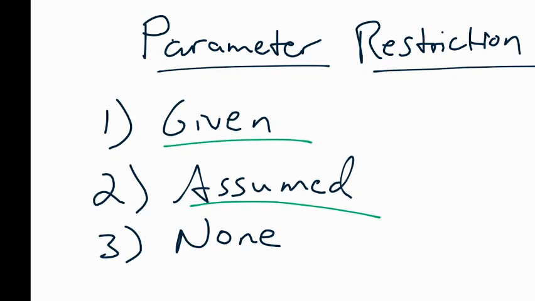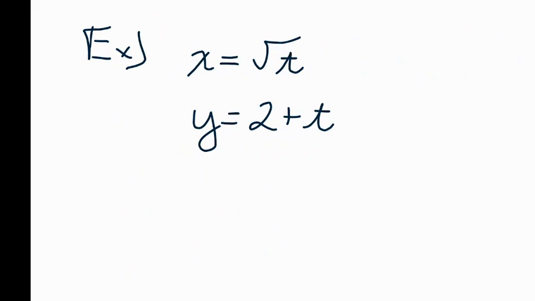But some parameter restrictions are going to be assumed. What do we mean by assumed? Well, if you look at the example that you guys are going to do next, it doesn't look like there's a parameter restriction, but there is. Because in a moment, you're going to be plugging numbers in here for t. And when you plug them in, you're going to square root them. Well, what kind of numbers are you allowed to square root? That's right, only numbers that are greater than or equal to 0.